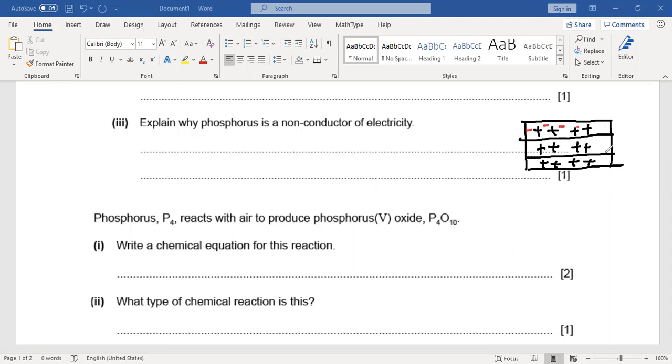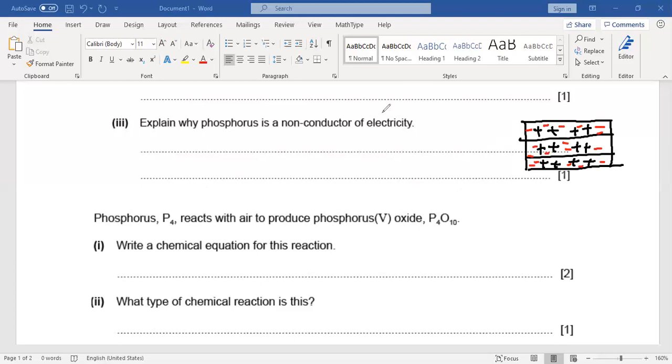The electrons, denoted in red ink, move, and when these electrons move, there will be electricity.